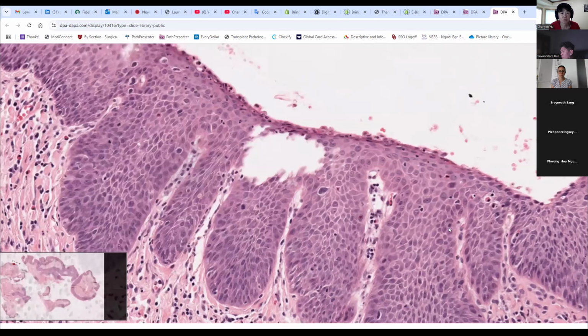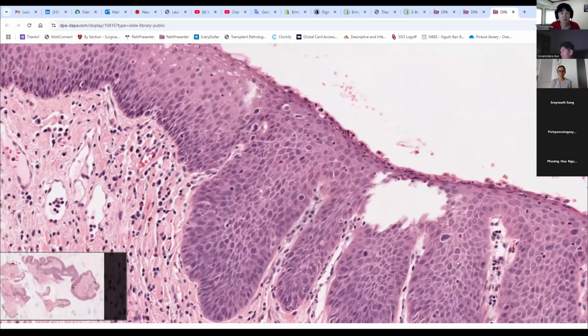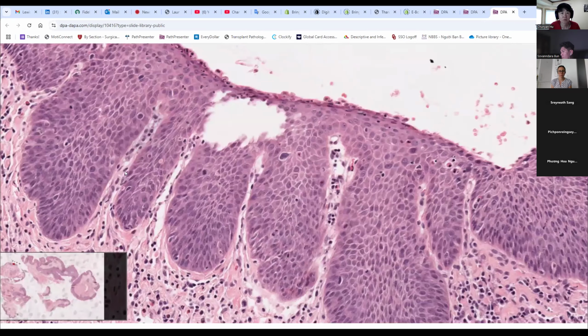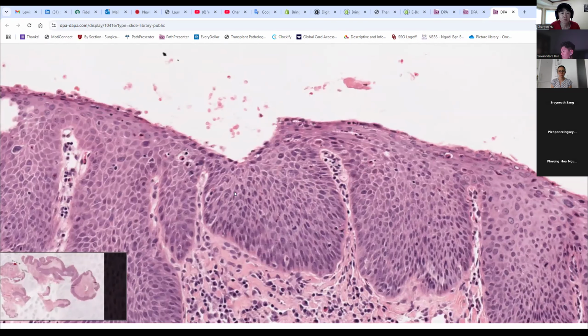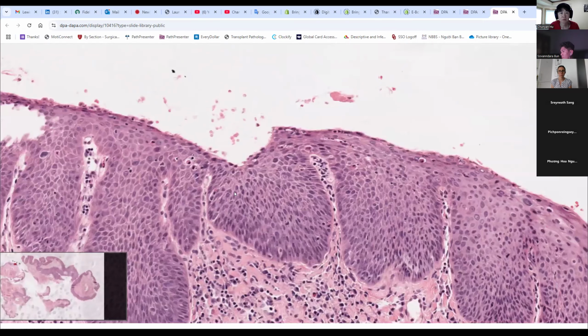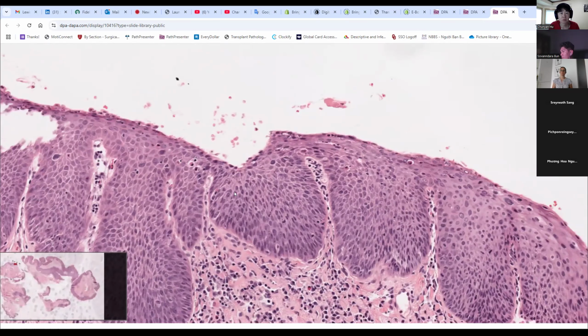One of those features that for me always trips it over to high grade, and I don't know if Esther is going to agree on this or not, but when I see an atypical mitotic figure, in other words, a tripolar or rounded mitotic figure in the tissues, I pretty much figure that has to be a high grade dysplasia and move it into the HSIL category.